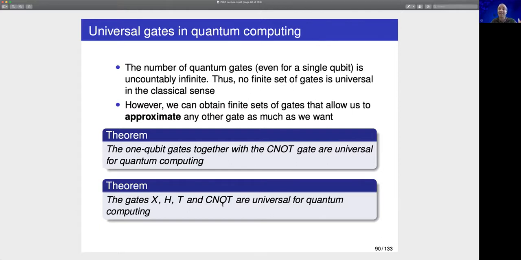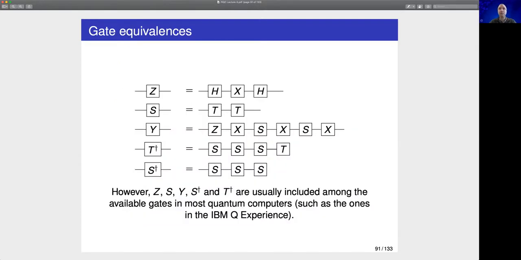We can approximate any transformation on any number of qubits that you need. As I said, I'm not going to prove this in detail, but at least I want you to see some of the equivalences that we can use, at least to prove that with these NOT, Hadamard, and T gates, we can generate some of the other gates that we have been studying.